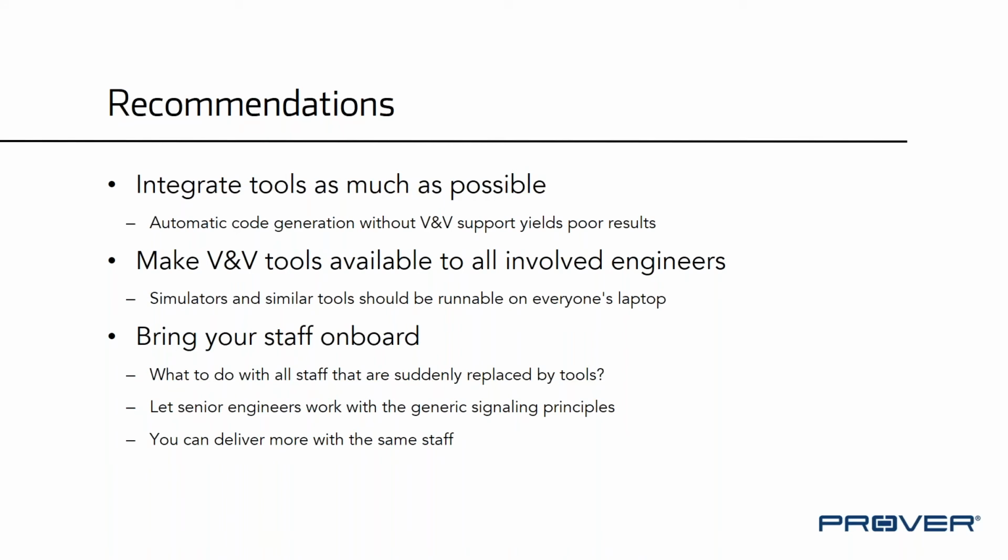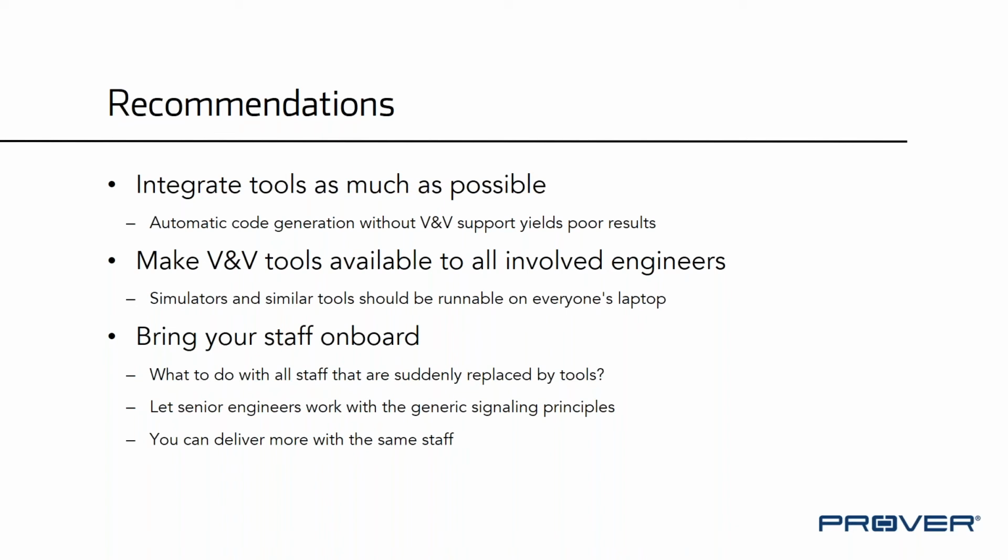Some recommendations now if you want to increase automation in your process, whether you use our tools or tools from someone else. It's very important to integrate tools as much as possible. We see processes that are more or less good, but the problem is that many different tools are used, and the transfer of data between these tools is not easy.